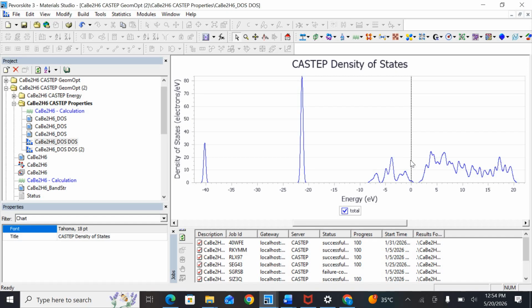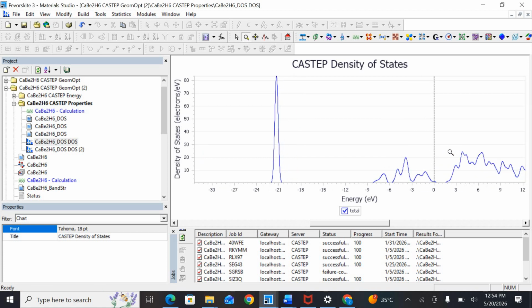The Fermi level is the highest occupied energy level at absolute zero temperature. If the density of state at the Fermi level is non-zero, the material behaves as a metal. And if there is a gap in DOS around the Fermi level, the material behaves as a semiconductor or insulator. So DOS gives us another way to confirm the electronic nature of the material.